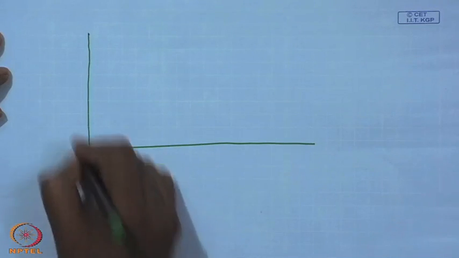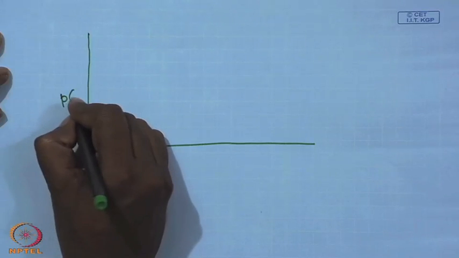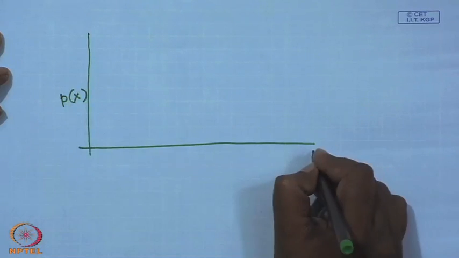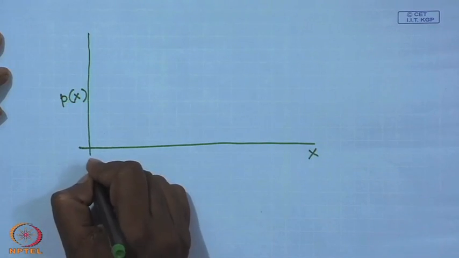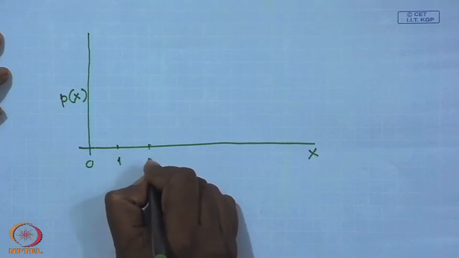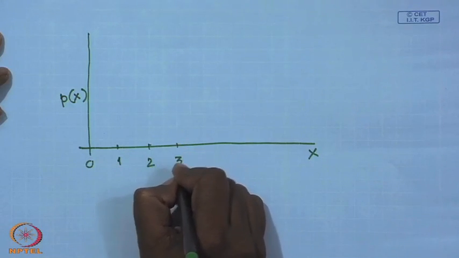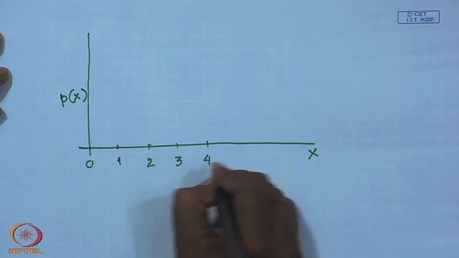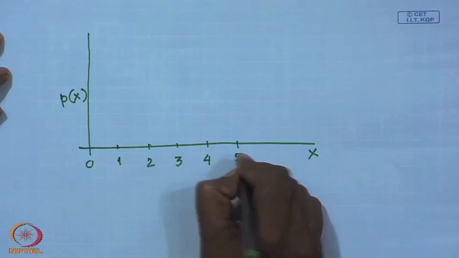On this side I put probability of x, this is my x, this is 0, 1, 2, 3, 4, 5 and so on.